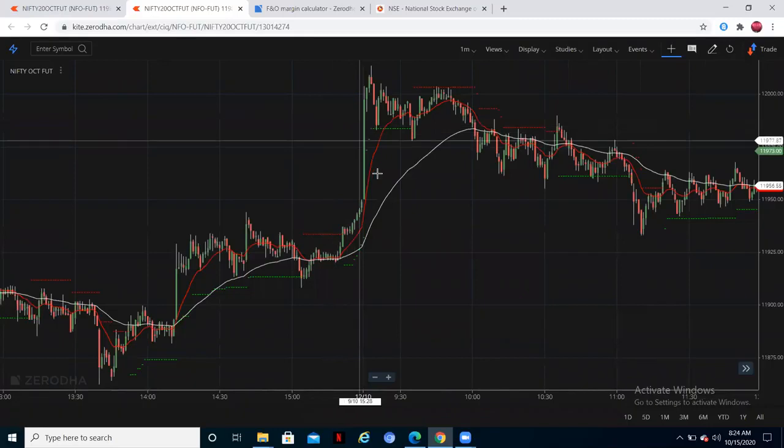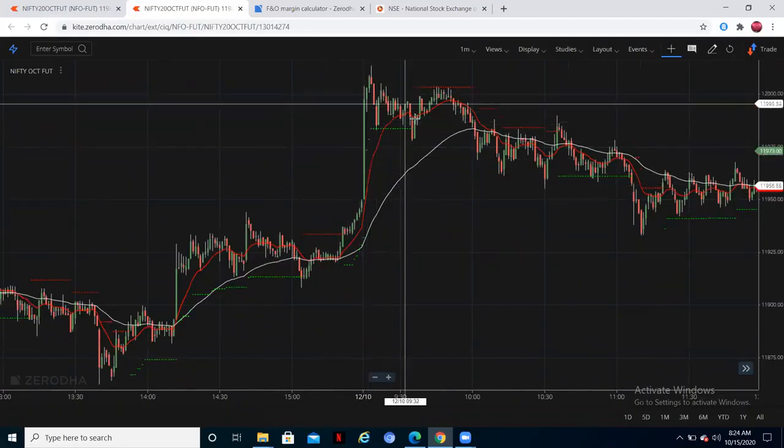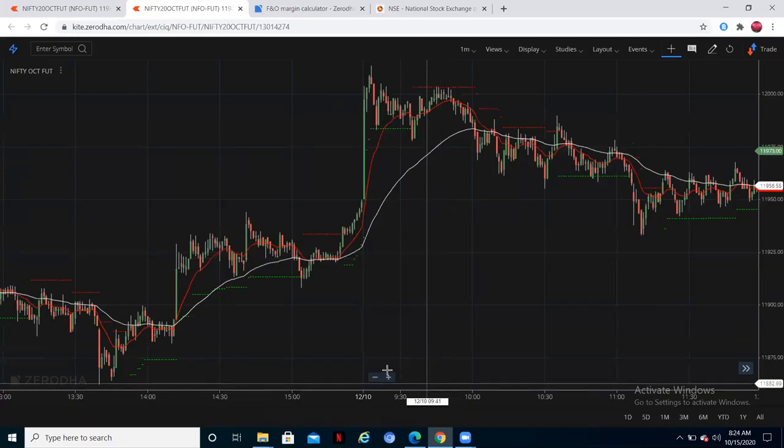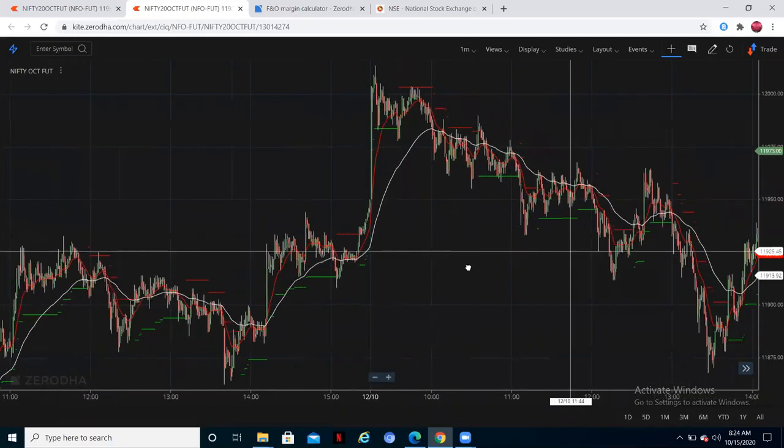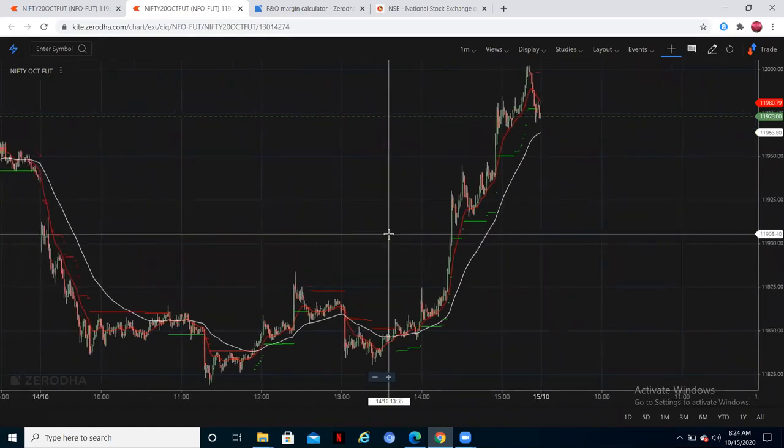Like here you can see the first candle was oversized, so that was a sign of reversal only. So do not enter here. Only if the candles are safe, which is going to be very rare, then trade in the pre-open, or avoid pre-open.